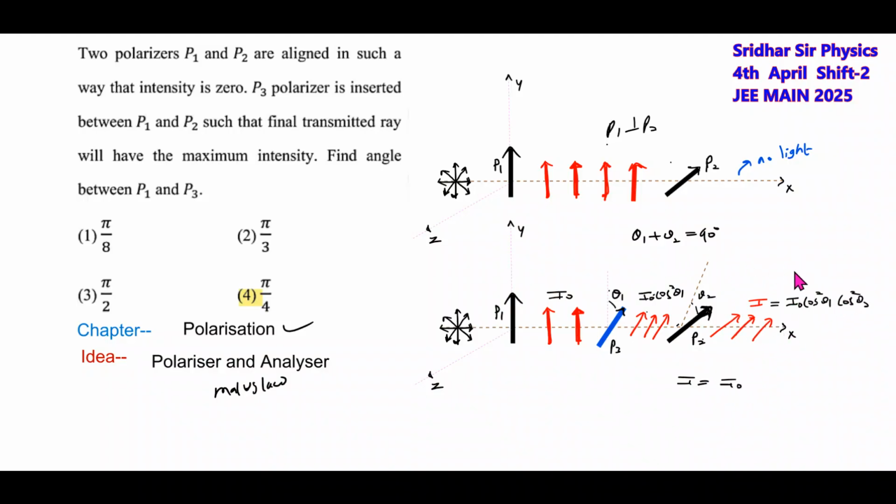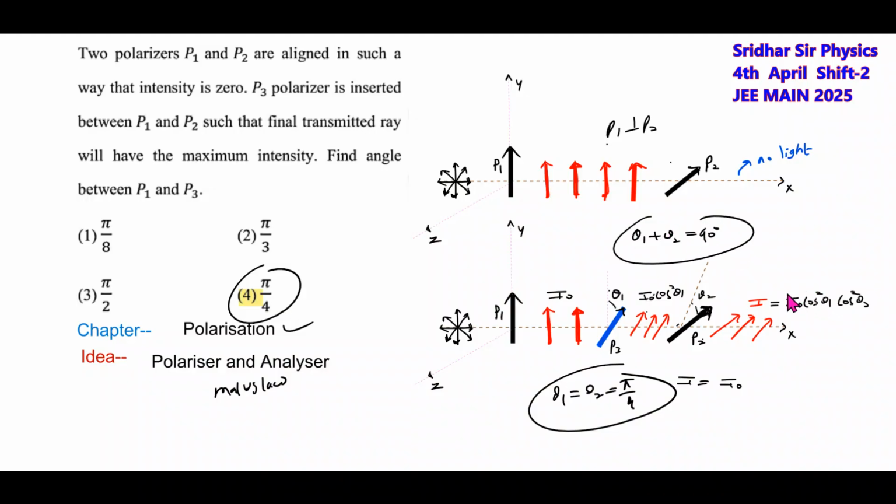So substitute these values, we'll get the angle between P1 and P3. Theta 1, theta 2 will be pi by 4. Okay, this will be your answer. We have to use these two equations and I equal to I naught. This is based on Malus law.